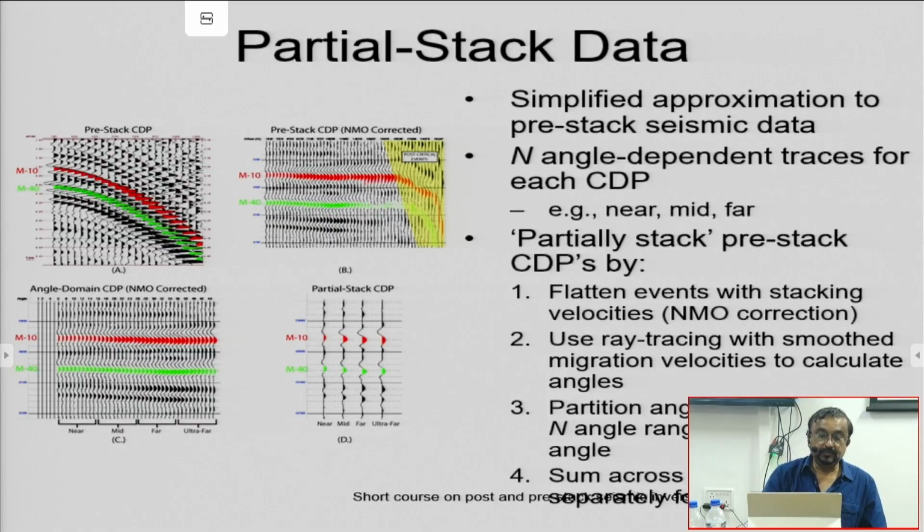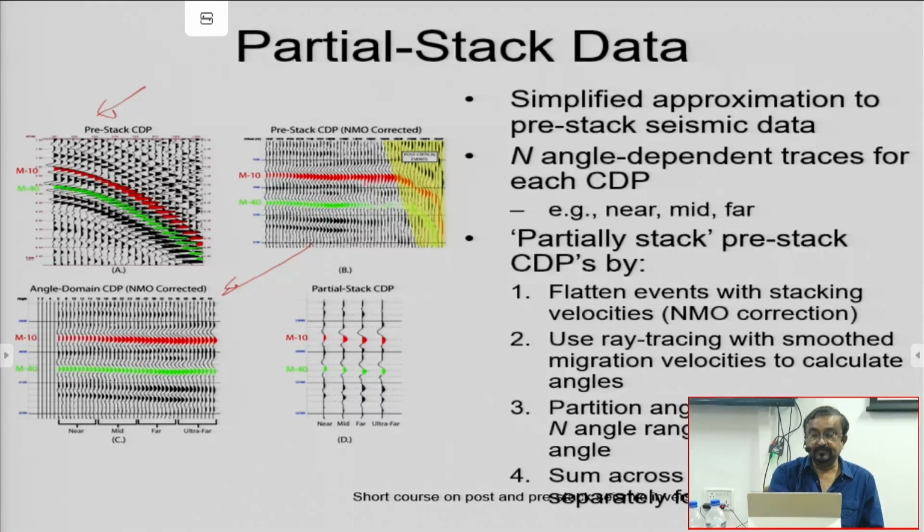What we do is, from the pre-stack gather, after applying NMO, we convert those into angle gathers in the angle domain. For that, you need to know the velocity structure. Then you can generate traces at different angles.